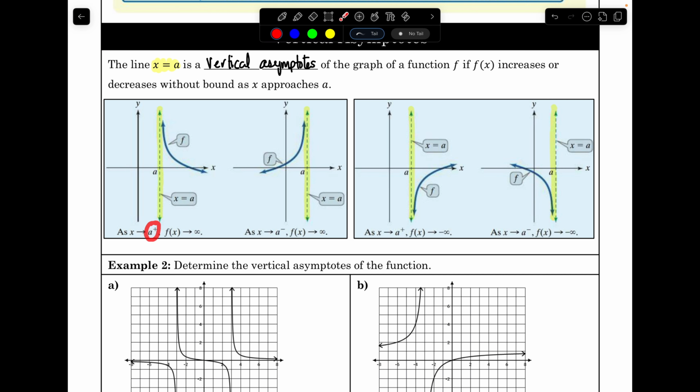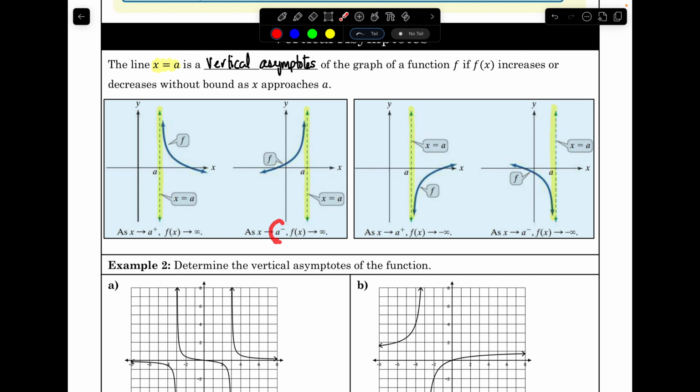So if we're approaching again 5 from the positive side, I'm picking numbers bigger than 5, so 5.001, then 5.0001, just getting closer and closer to it until we get as close as possible. Again, this right here would be even closer to this value of 5 from the right side.